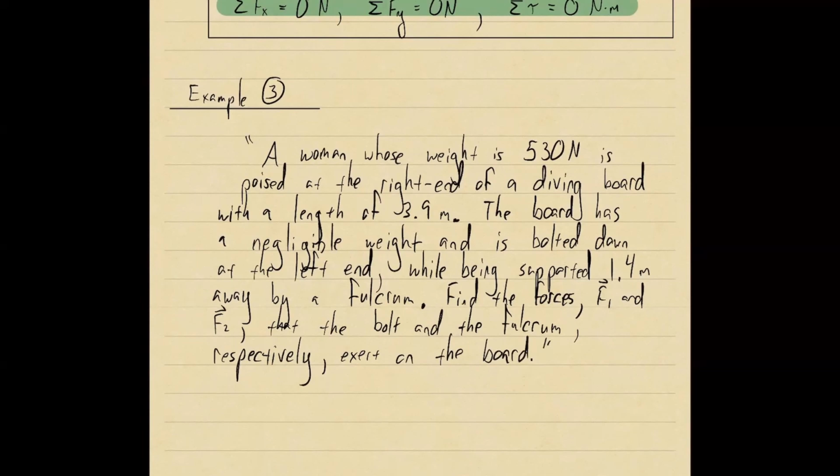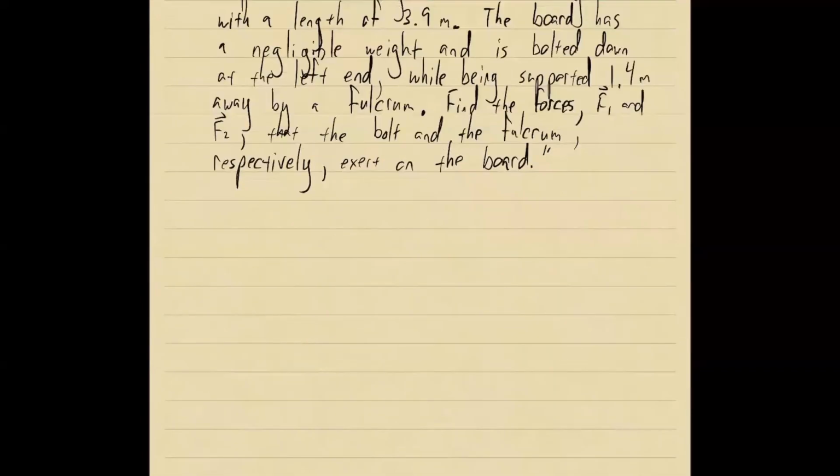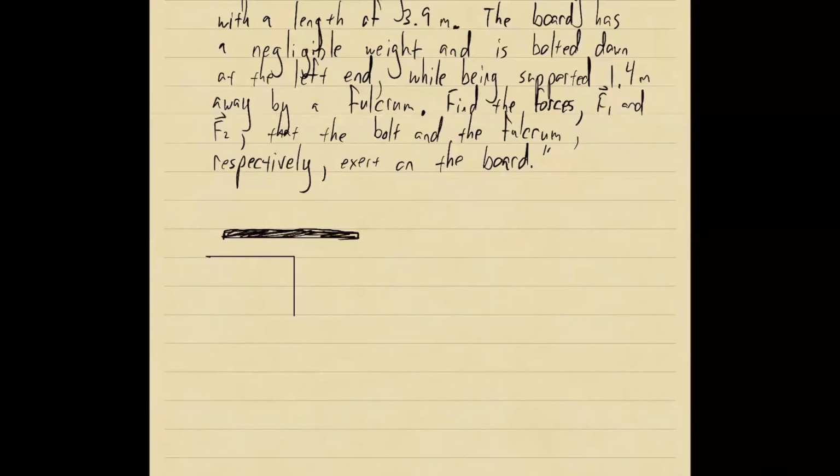All right, so let me draw a picture. So here we have the edge of our pool, kind of looks like that. And then we have, I'll try to draw this as best as I can, a diving board, sort of looks like that. And we have a bolt at the very end. I don't know how to draw any of this, so I apologize. There we go.